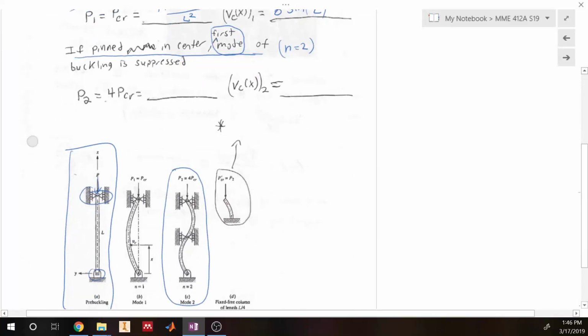In that case, the critical load that would cause buckling in this column would be equal to 4 times pi squared over the length squared times E I z. And then the shape for mode 2 would be equal to delta sine of 2 pi x over L.